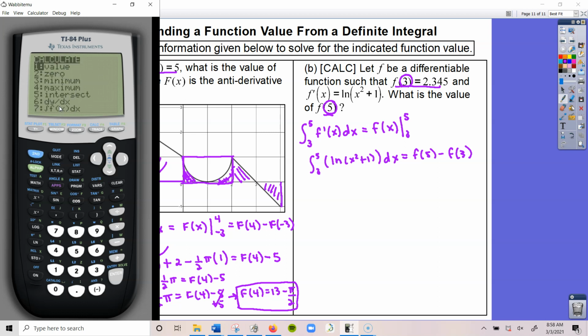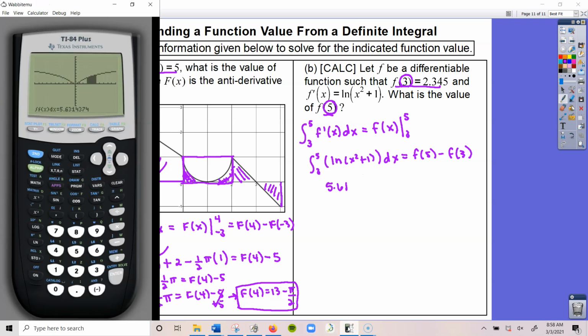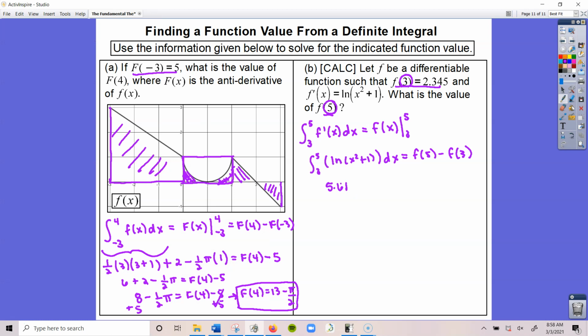So second calc, my option 7 from 3 to 5, which gives me 5.6314, and that's going to equal f of 5 minus f of 3, which was given, the 2.345.